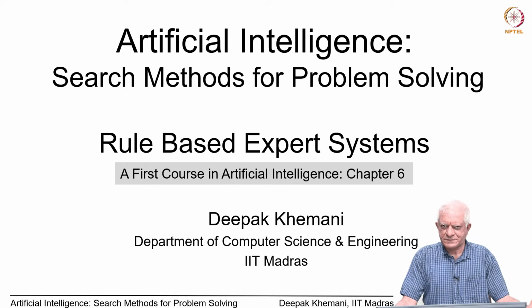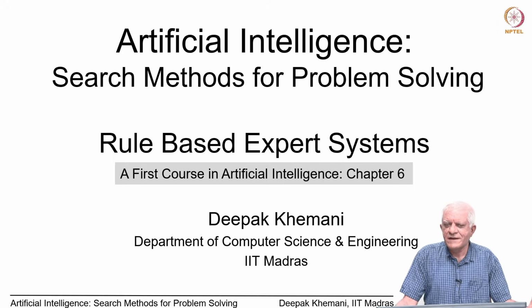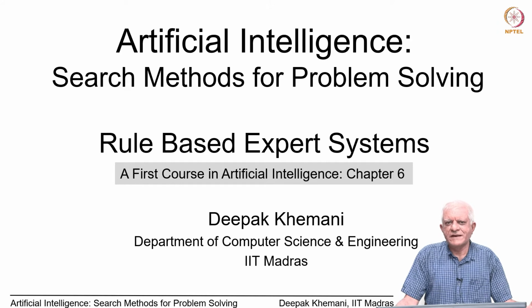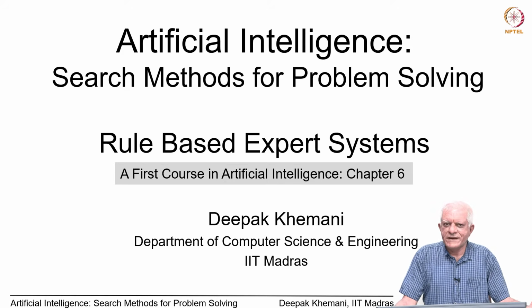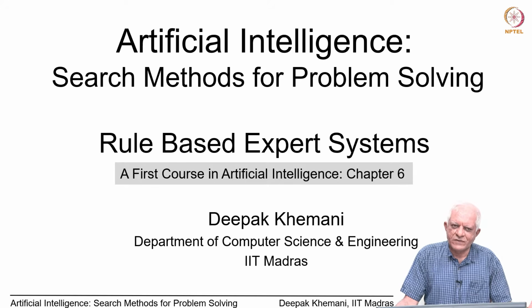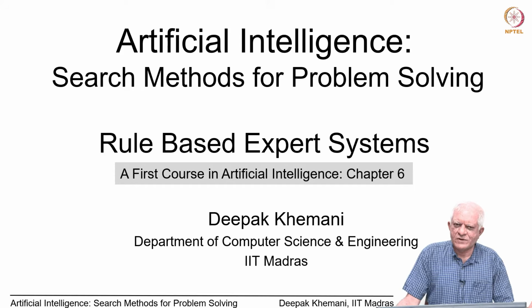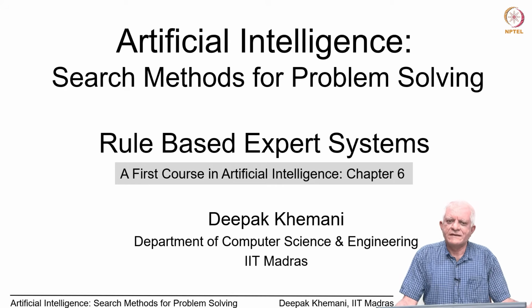expert systems. Why expert systems? Because in the mid 80s people thought that the best way to build AI systems is to catch experts in some domain. So, for example, a medical doctor or a computer configuration expert or somebody who has a lot of knowledge of geology and things like that, and take their knowledge and express it in the form of rules.